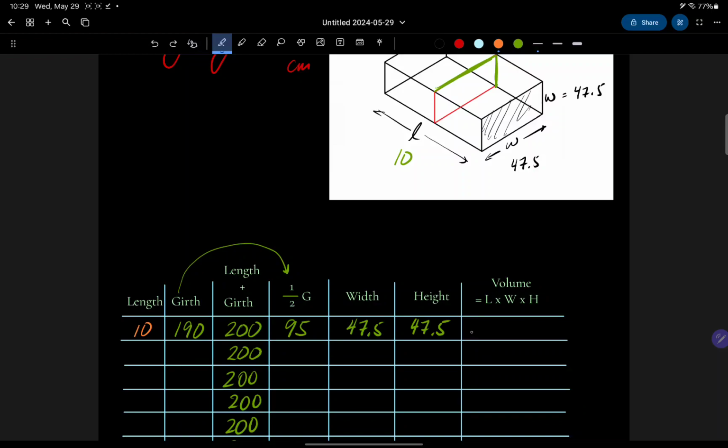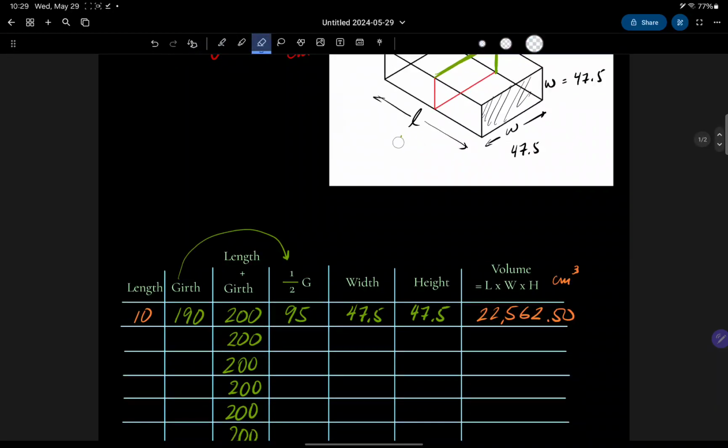So the volume for the first one is 10 times 47.5 times 47.5. If you multiply 10 times 47.5 times 47.5, you get an answer of 22,562.50. This is always centimeters cubed. So that's the volume, 22,562.50.